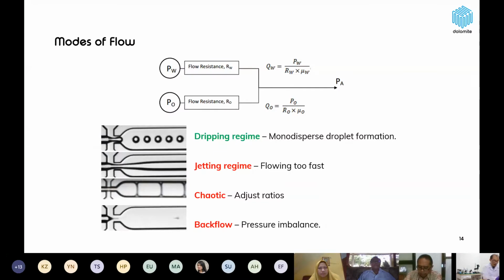By changing the flow ratio or flow conditions, we can make different modes of flow, including the dripping regime, where we make monodisperse droplet formation, or the jetting regime, where we flow too fast and create laminar flow. Or we can get a choked state by adjusting the ratio, or backflow, an unwanted process that can occur through pressure imbalance.